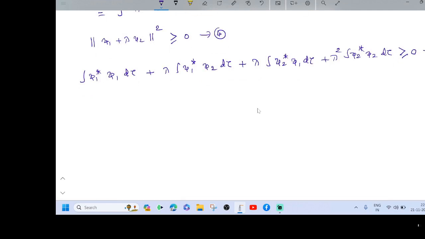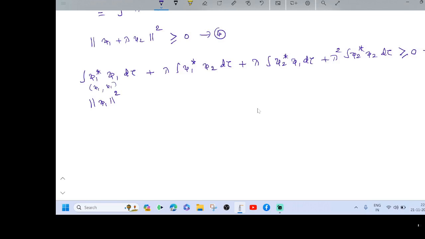This is our norm square of psi 1, because we may write this one as psi 1 comma psi 1. That's the meaning of this.